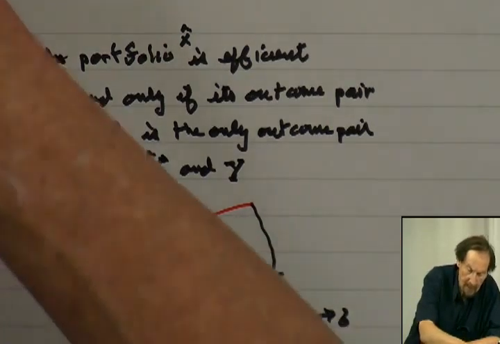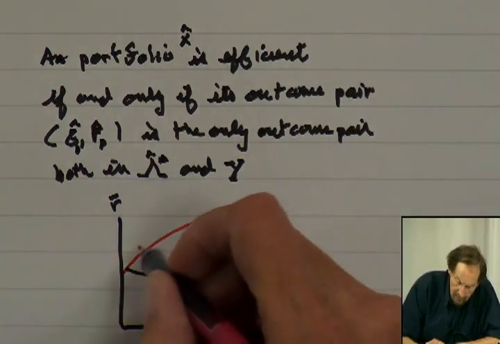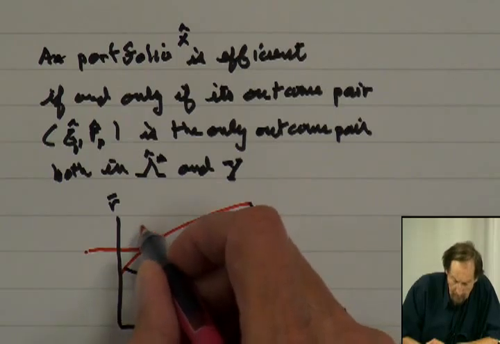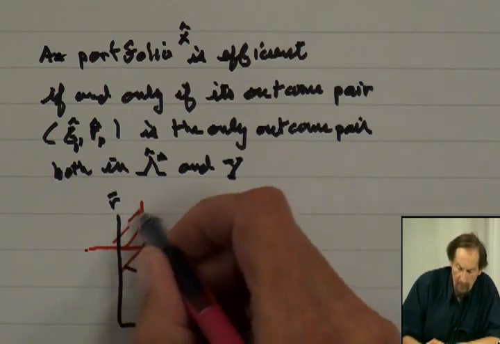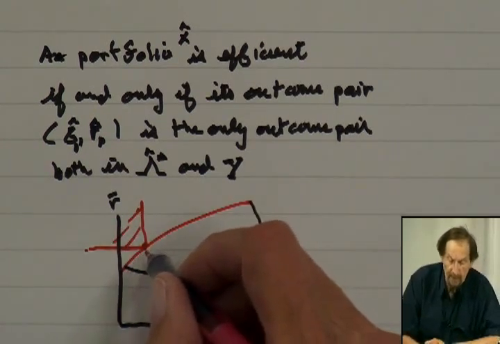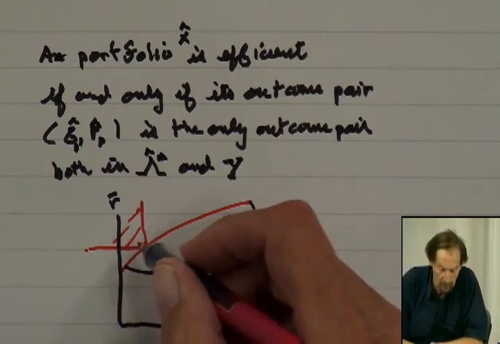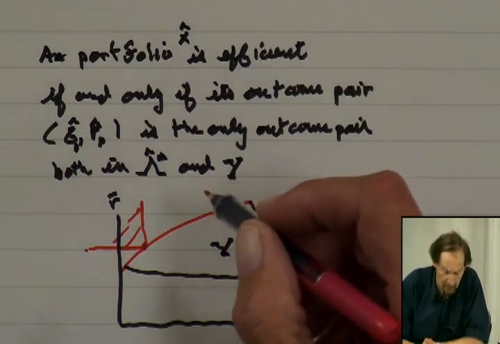If you take any point along this efficient frontier and draw the polar cone, that's the only point that's both in Y and in that polar cone.